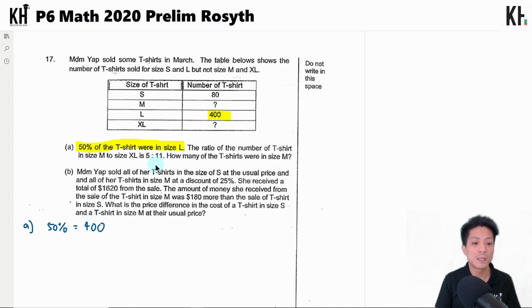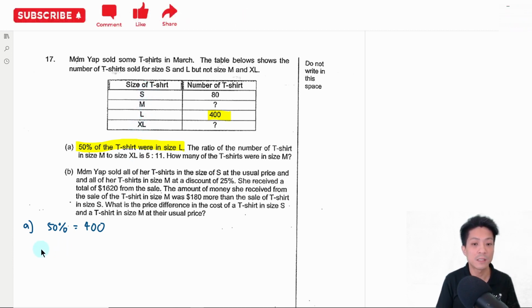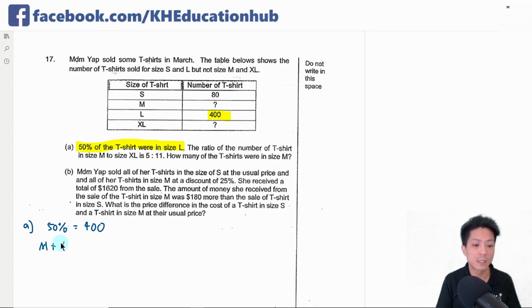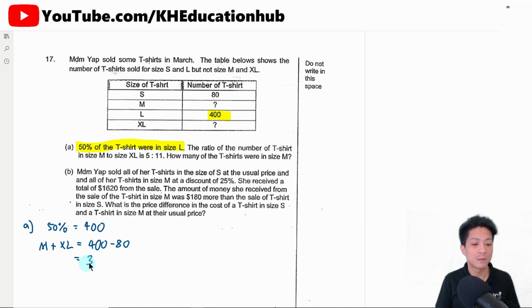Which means that S plus M plus XL will be the rest of the 50%. So I'm going to find M plus XL, which is 400 minus 80, and that will give you 320.